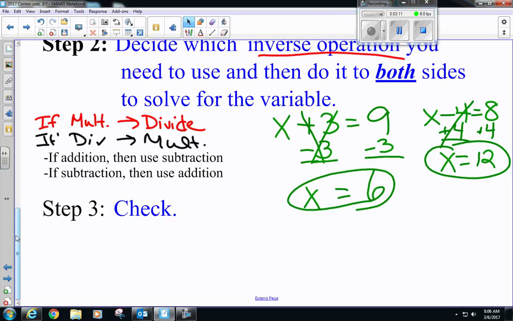So it's the same concept, same process. You have to think about the pairs. Adding and subtracting are a pair, multiplying and dividing are a pair. Okay, and what you do is the opposite. And then you have to do it on both sides.